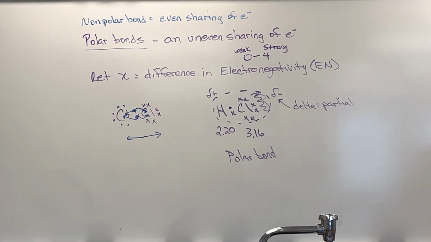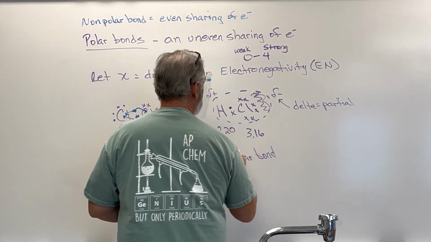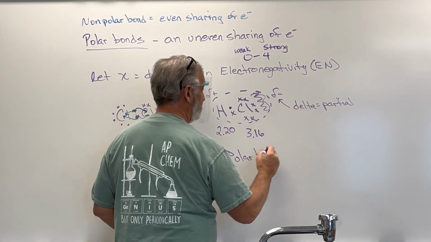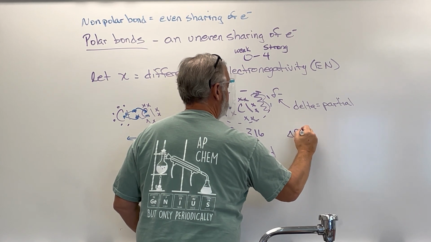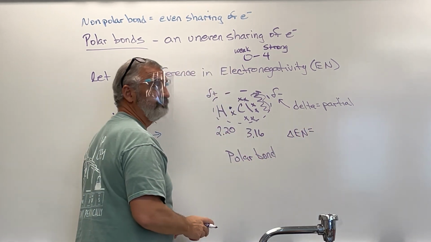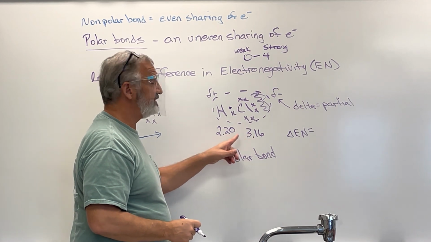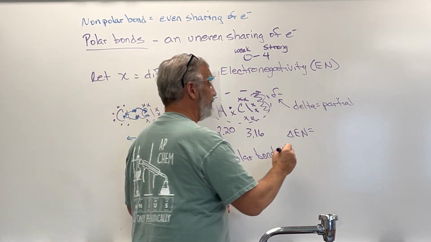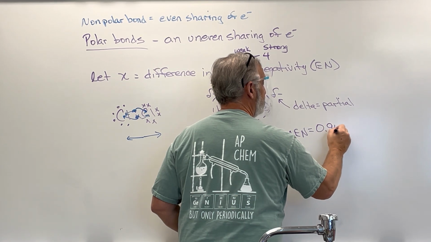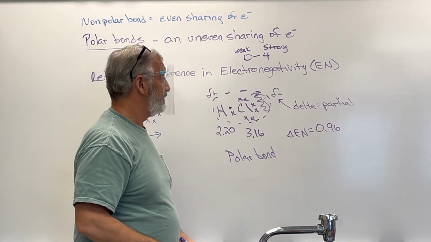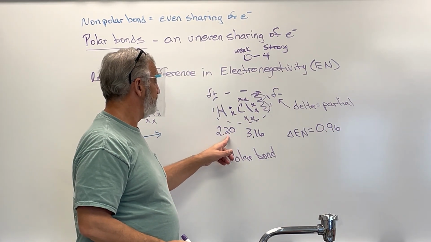If it's between 0.4 and 1.7, what's this one going to be? What's the difference in electronegativity? It's going to equal what? 3.16 minus 2.20, 0.96.